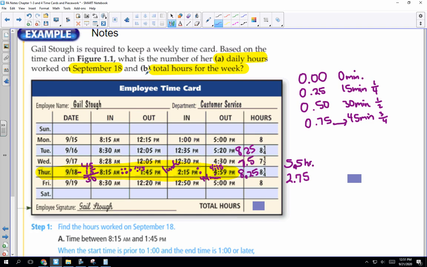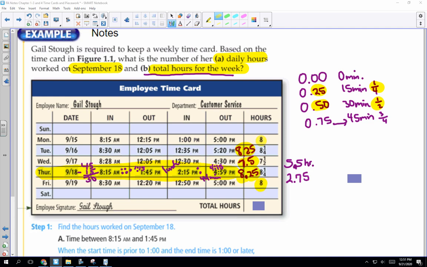Okay, we are going to also calculate the total hours for the week. So we are going to add 8, 8.25, because remember 1/4 is 0.25. 7.5, because 1/2 is 0.5, and 8.25 all together with this 8.